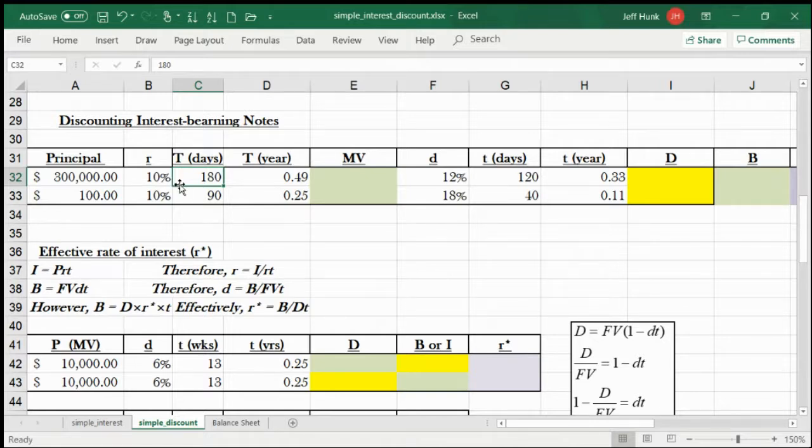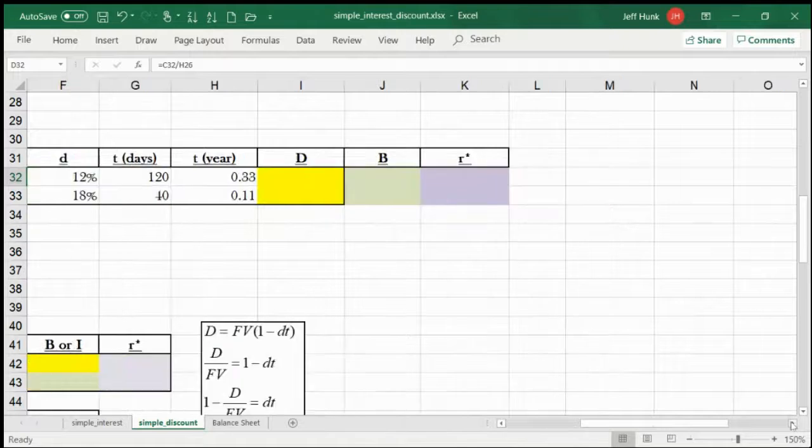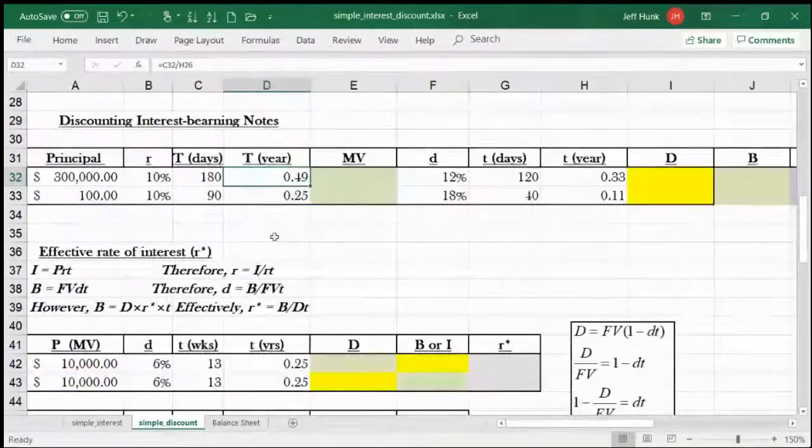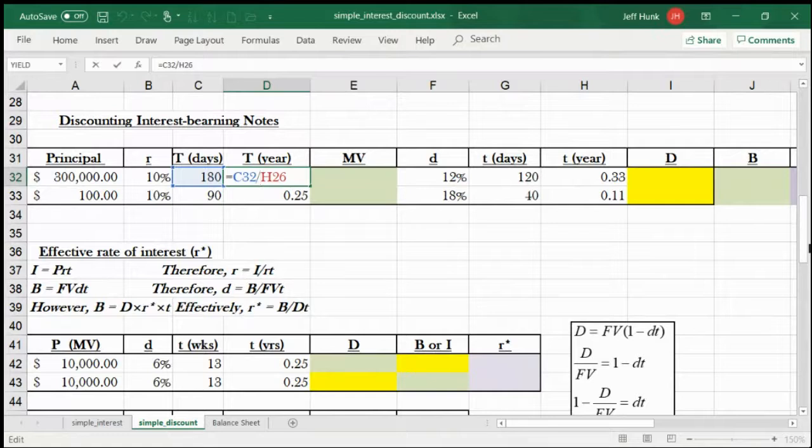So uppercase T represents terminal time. This is the entire time left on this bond or on this note. So 180 days is half a year, right? But I discounted it.